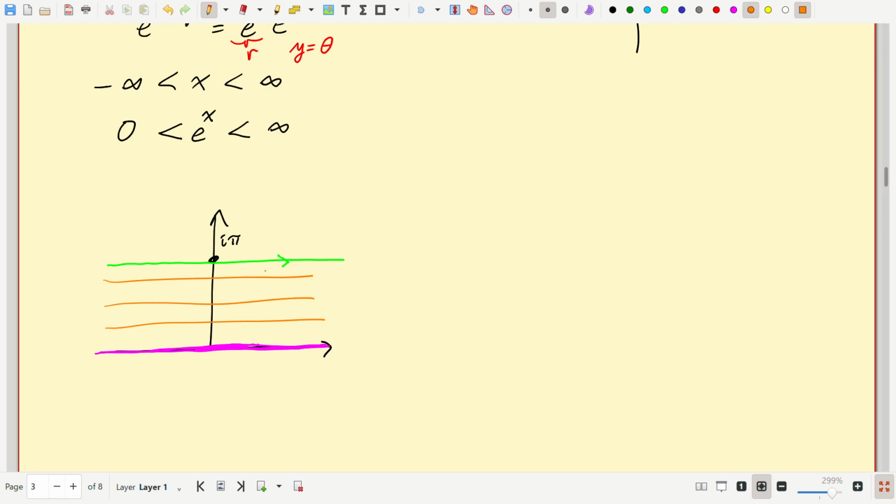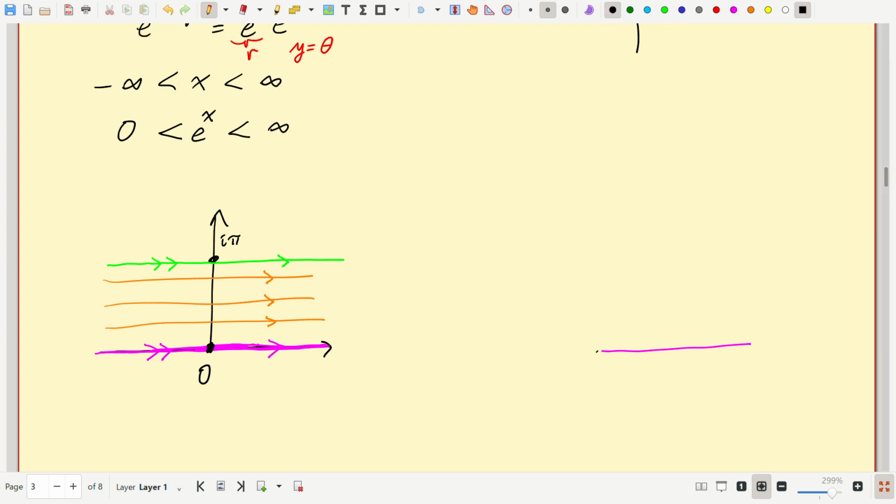Okay. And I take these horizontal lines like that. The purple one, theta equals 0. This is 0 right here. That's y equals 0, so that angle would be 0. That purple line, if I wanted to, I could put double arrows over here. That purple line is going to go to the positive real axis.